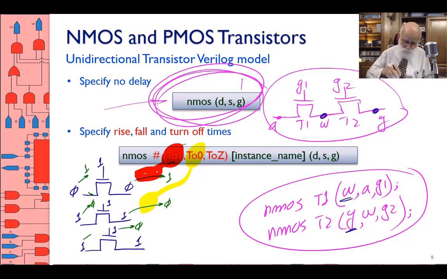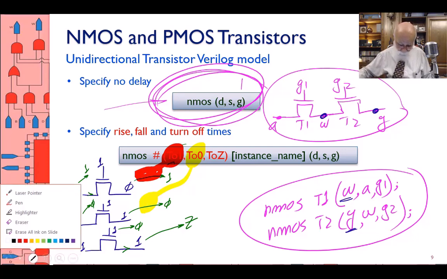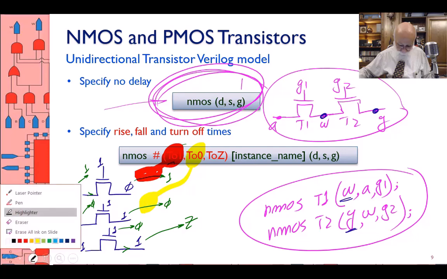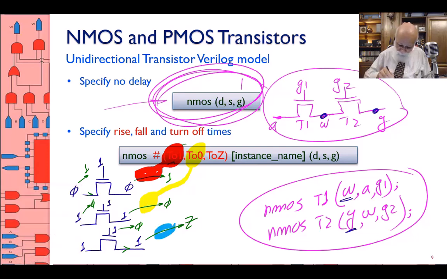That means my transistor is no longer conducting. After a delay, my output 1, which is this, changes to Z. This delay is the to Z delay.